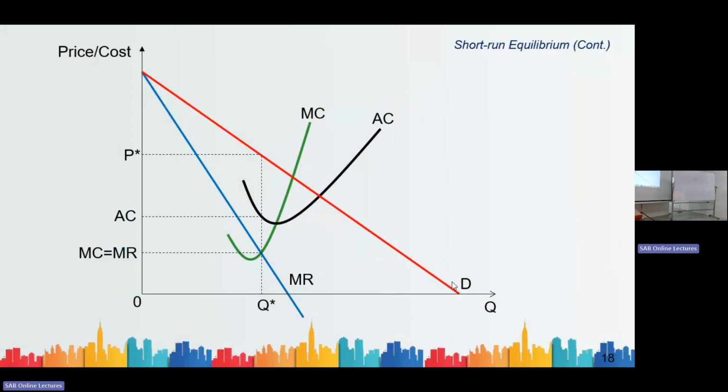Then what is the total revenue? Total revenue is price into quantity, P star into Q star. So at profit maximizing output level, total revenue is P star into Q star.